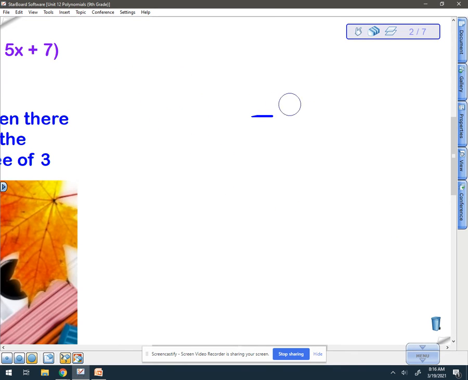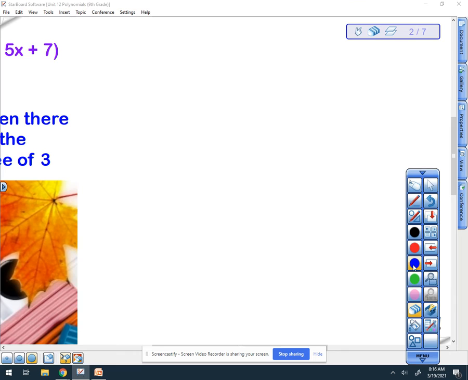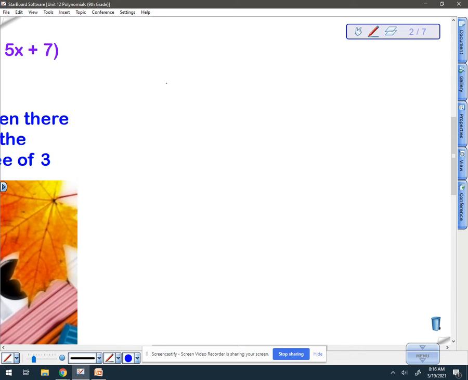Now, if you have more than one term, let's say you have 2x to the second power plus 3xy to the second power plus 7x to the fifth power.